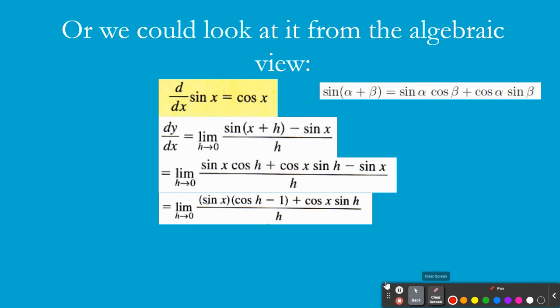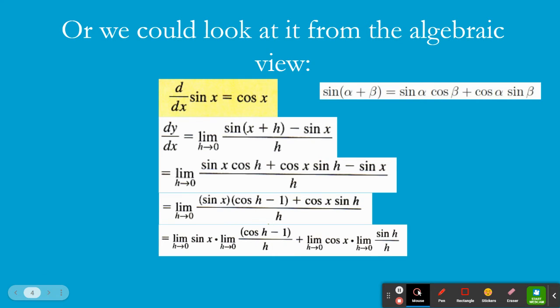Now the next thing I'm going to do is apply the limit to the pieces inside. So watch how I do this. I've got the limit as h approaches 0 of sine of x times the limit as h approaches 0 of this second part in here, like this.